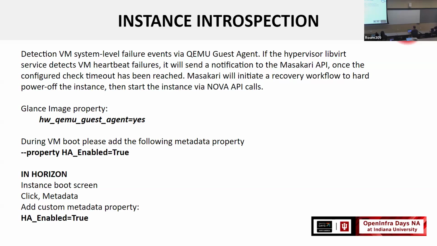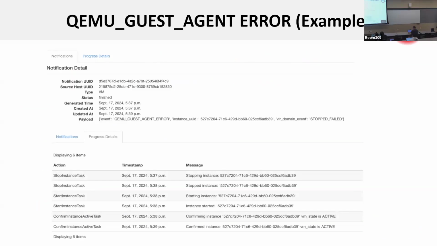Also, you'll need to have the HA enabled property, of course. I put a little section here on how to add that in Horizon, but most of you will probably be able to understand how to do that. I'll just show you the instance recovery with the PBS agent. As you can see here on the dashboard, it actually registered.